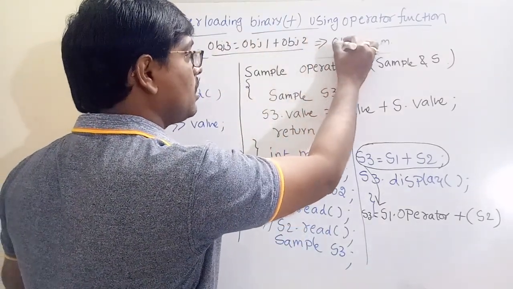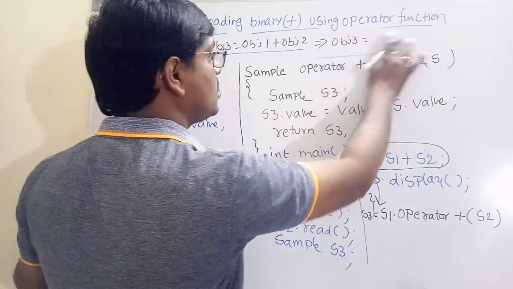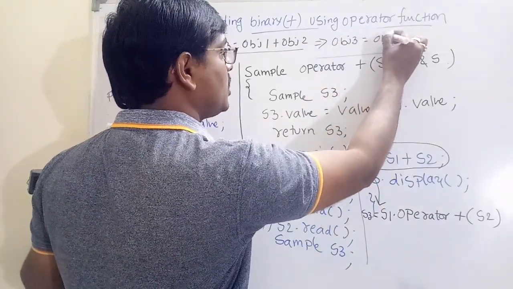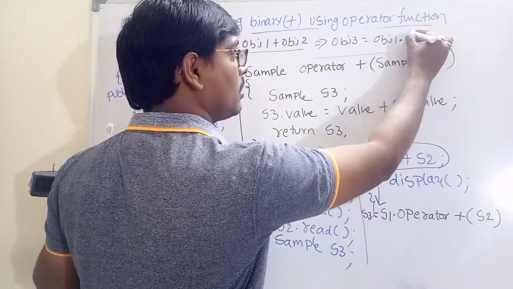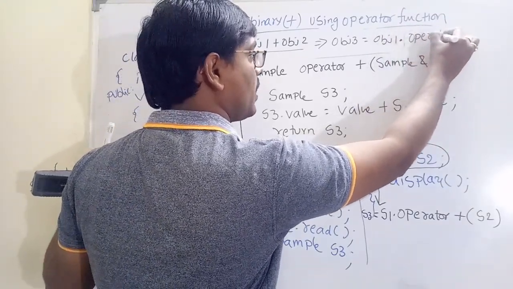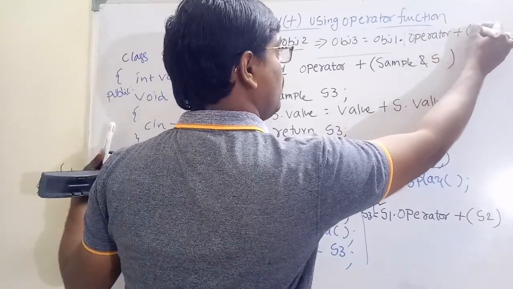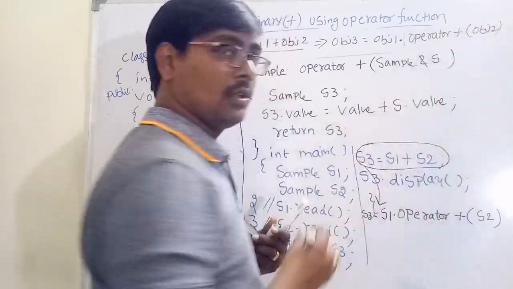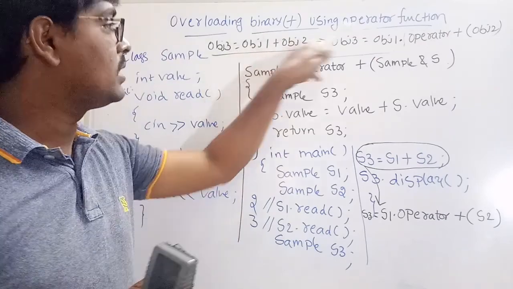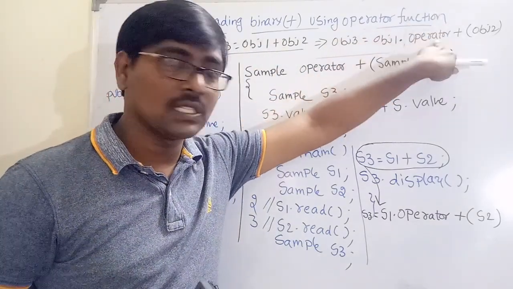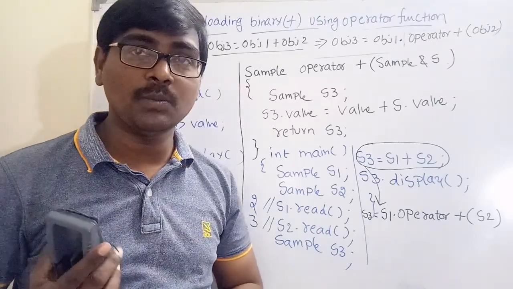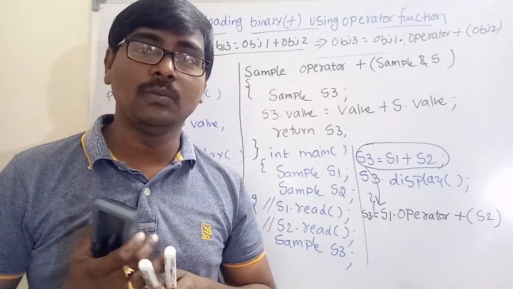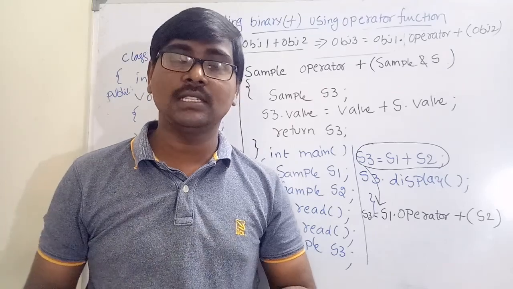The system calls like this: object 3 is equal to object 1 dot operator plus of object 2. If you are writing the statement, the system calls like this. Once you know this one, then it is very easy. This is binary operator as a member function. In the next session, we will move to binary operator as a friend function.